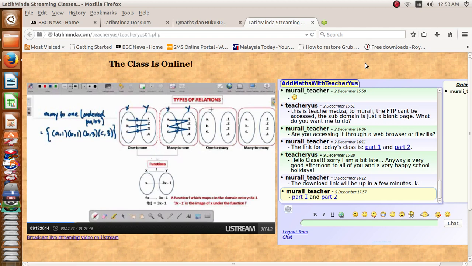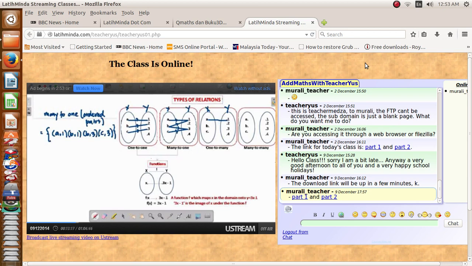Now, one to many. First, identify the domain set X and codomain Y. One to many means A goes to 1, and at the same time A also has another image.